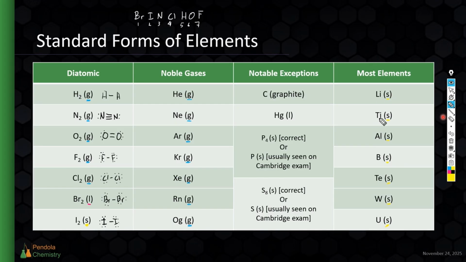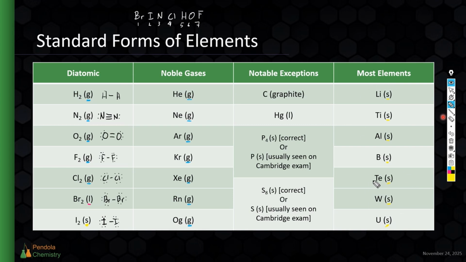And because they're metals, we just simply write them as their atoms, no subscript. So they're not diatomic, they're all just metallic lattices, and we talked about that in past chapters. They're just simply the element with a solid. So lithium, Li solid, titanium, Ti solid, aluminum, Al solid. So most elements, metals essentially, are just going to be the element's symbol with solid state of matter.